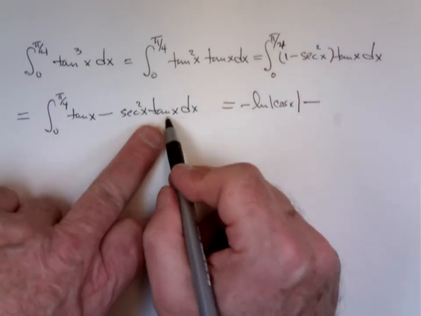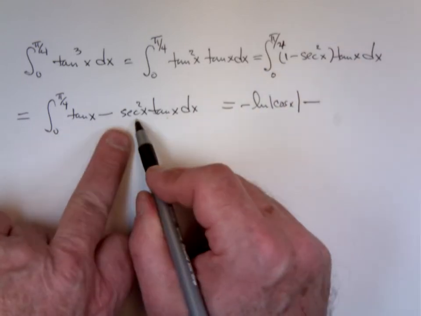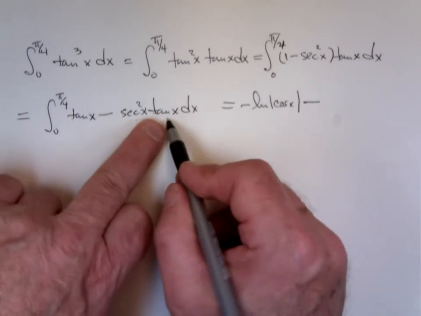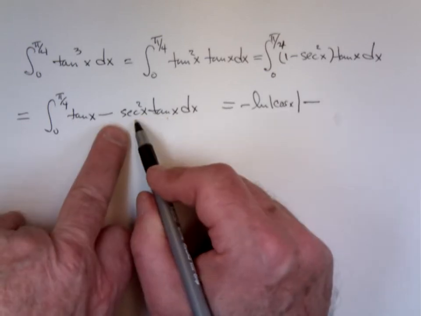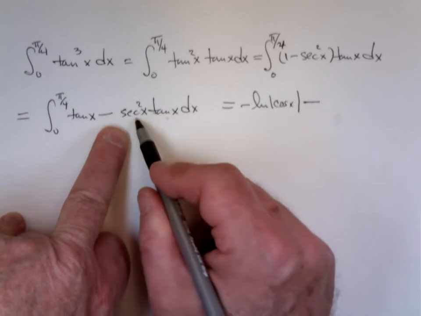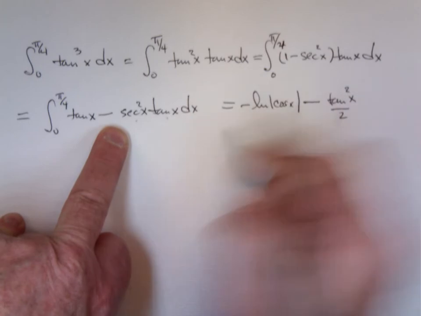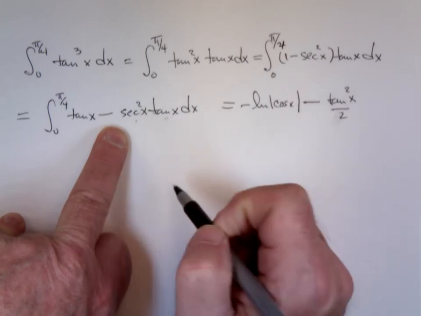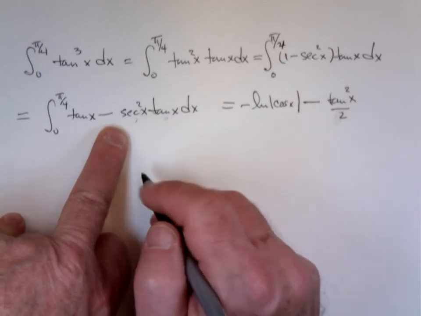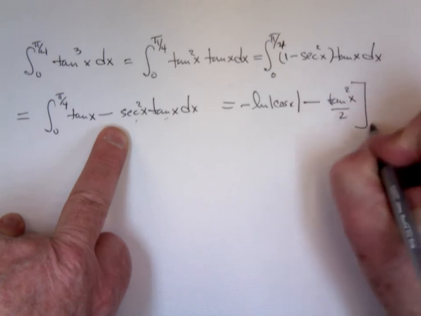If u is tangent, du is secant squared, so you get the integral of u du, that's tangent squared over 2. And you're going from 0 to pi over 4.